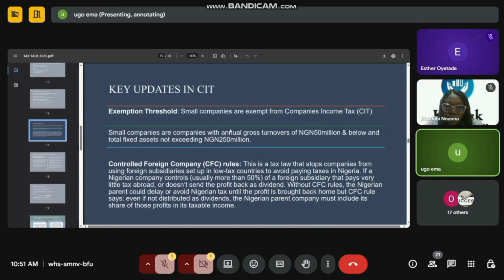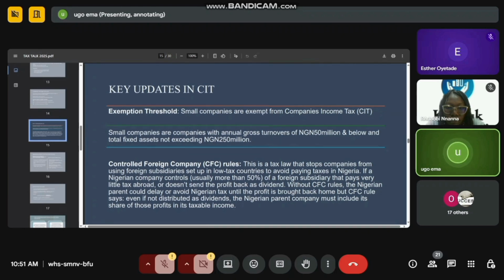Moving on, the new tax act also introduced what is called controlled foreign company rules. Basically, this is a rule that tries to stop companies from using foreign subsidiaries outside of Nigeria to avoid paying taxes in Nigeria.